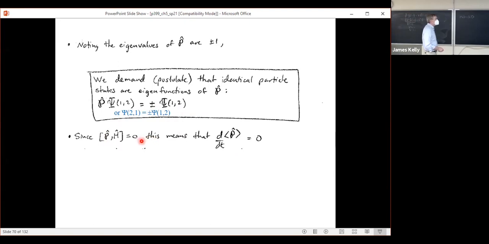This is based on something that we didn't talk about back in the section on the generalized uncertainty principle, where we talked about the energy time uncertainty. If an operator commutes with the Hamiltonian, in this particular case, we can conclude that the expectation value of that operator doesn't change with time.